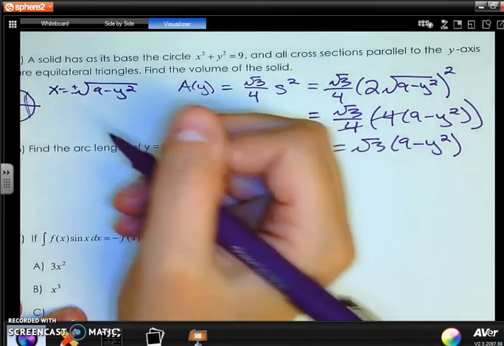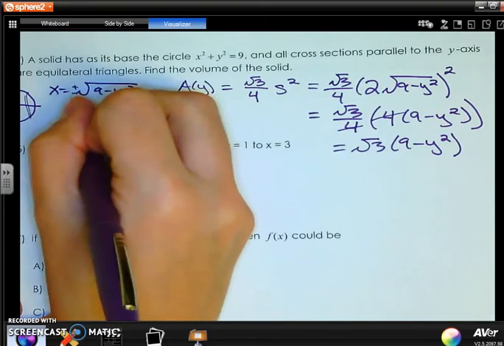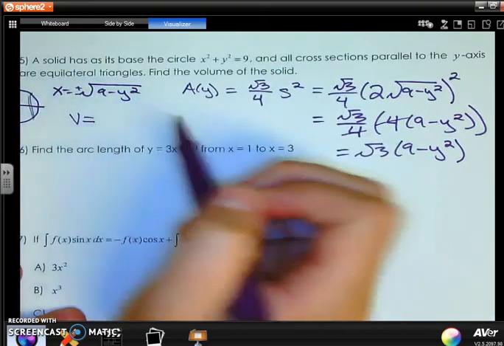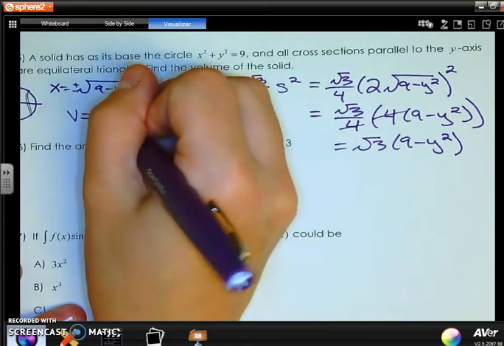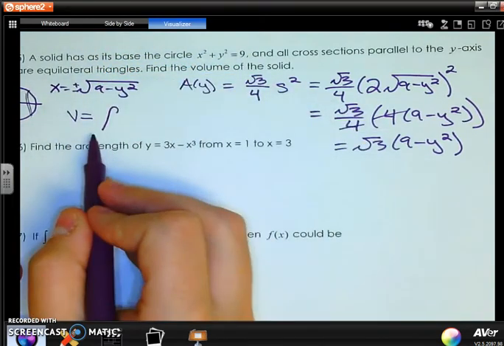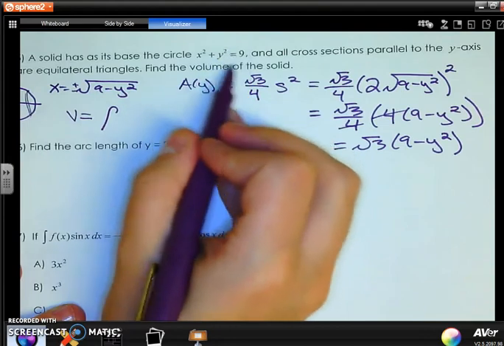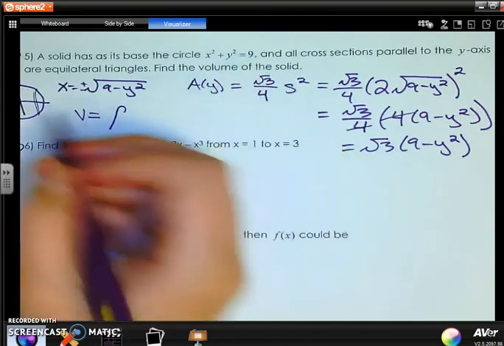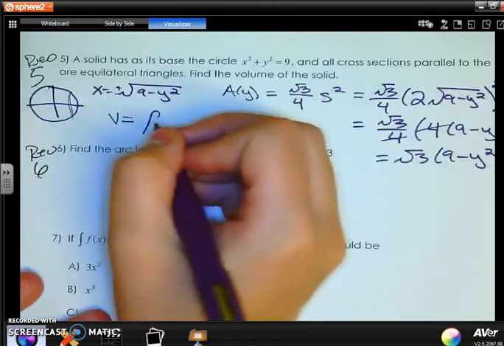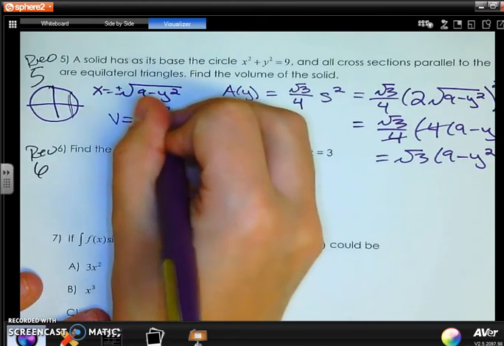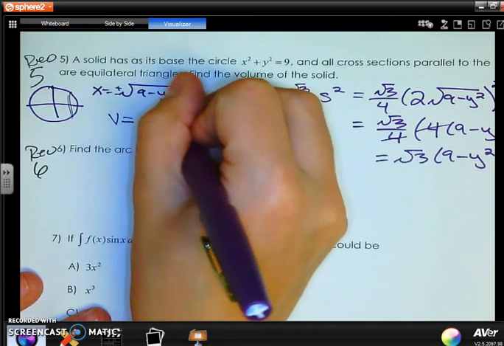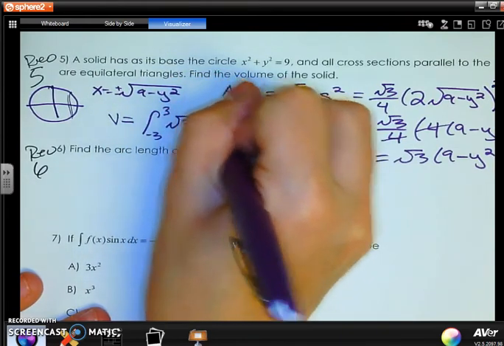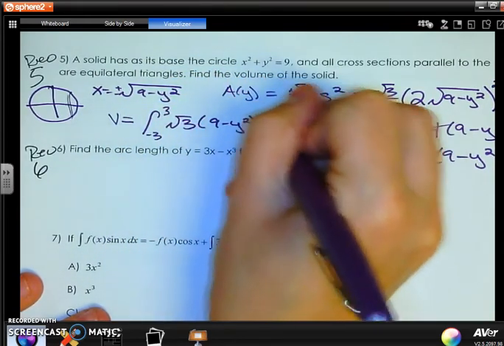So your volume, again, with cross sections, there's no pi as long as your shape that they give you isn't a semicircle or something with a circle. My bounds of integration, it goes back to this was 9, so that means your radius was 3. So your picture goes from negative 3 to 3. And you're going to have this, and you just drop that in there, dy.